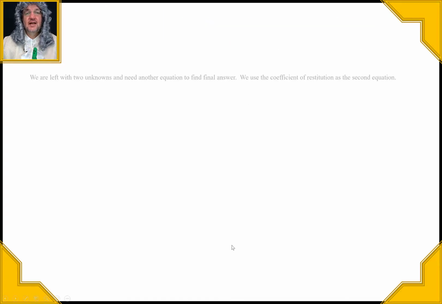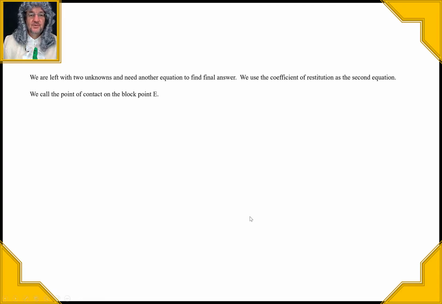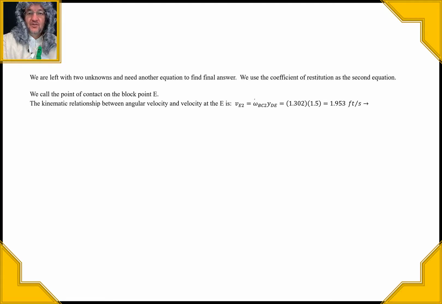All right, so now we have to apply the coefficient of restitution, because there's one equation and 2 unknowns. We want to call that point E, and we want to take a look at the relationship of the velocity of the body. Let me go back up here and take a look.